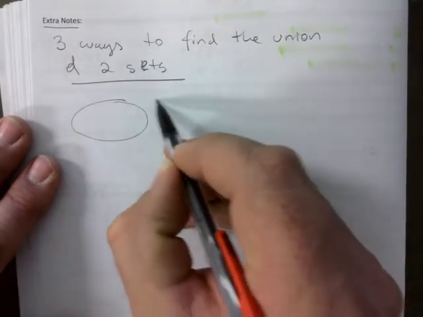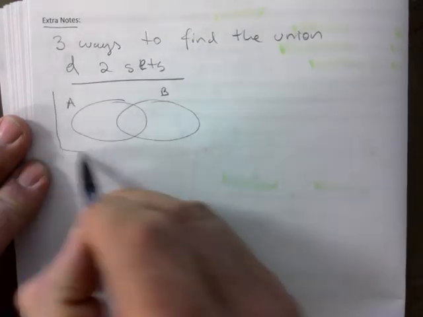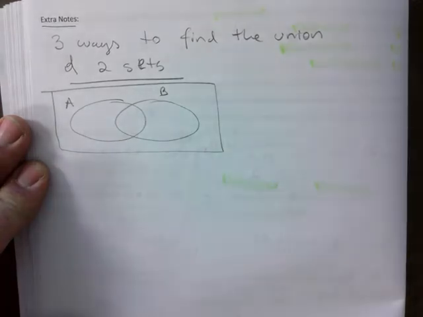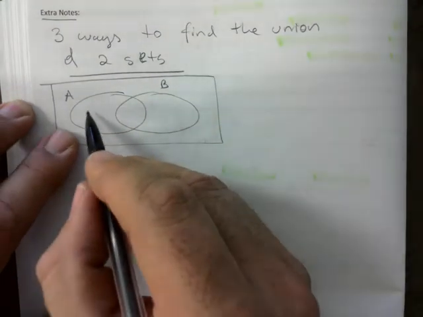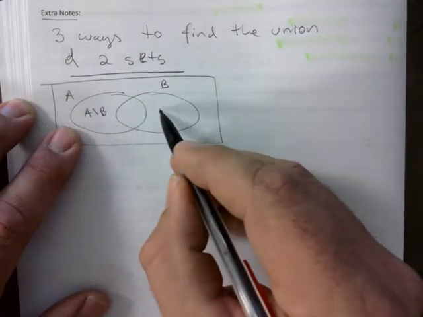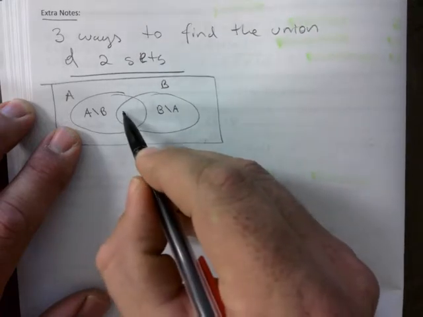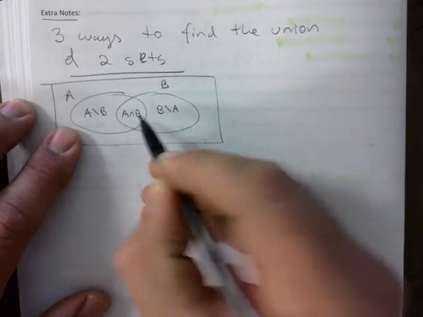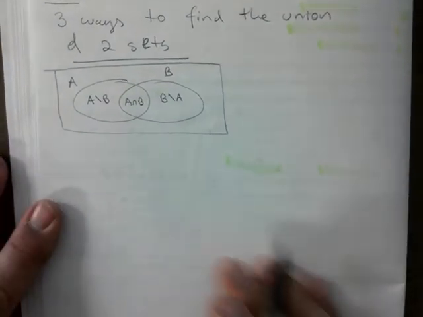So let's quickly make a Venn diagram here. A and B. This section here we call A not B, correct? This section we call B not A. And inside is A and B. No surprises there.